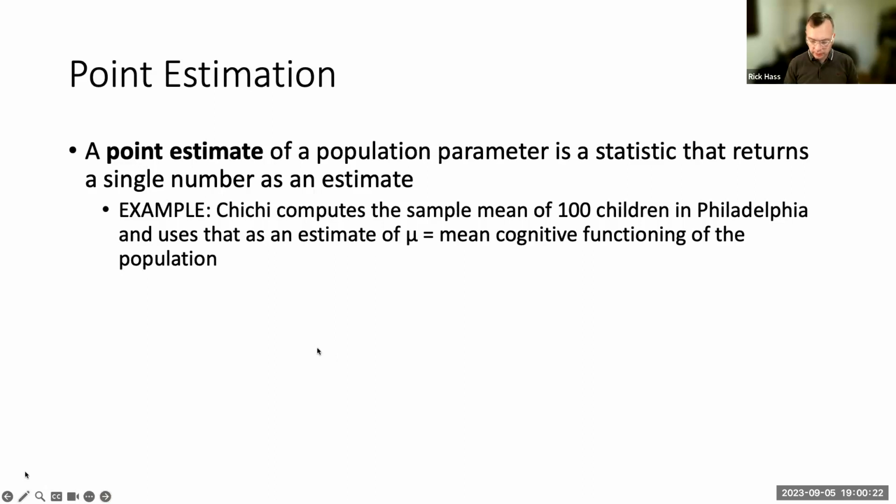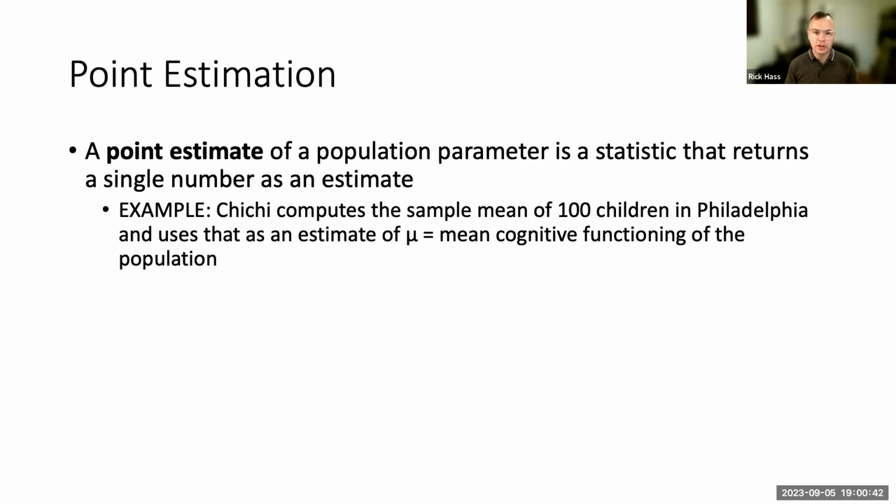So estimation, all of this really has to do with starting simple, right? First, getting information about our sample and using it to project out to the population. So a point estimate of a population parameter is a statistic that simply returns a single number.